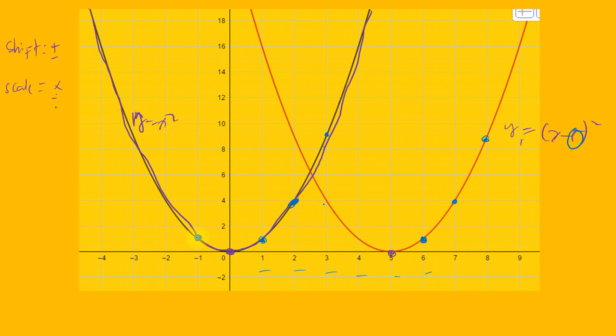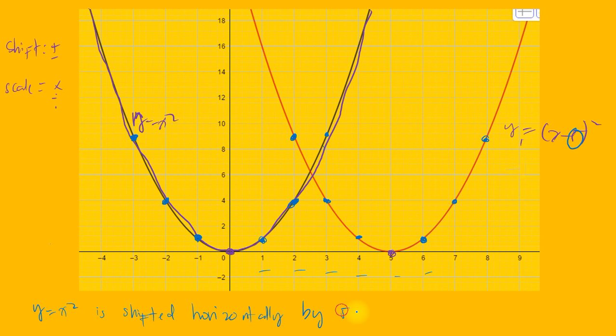To where? Since h is positive, to the right. If that is negative, it means to the left. To the right, to obtain y equals x minus 5 squared.